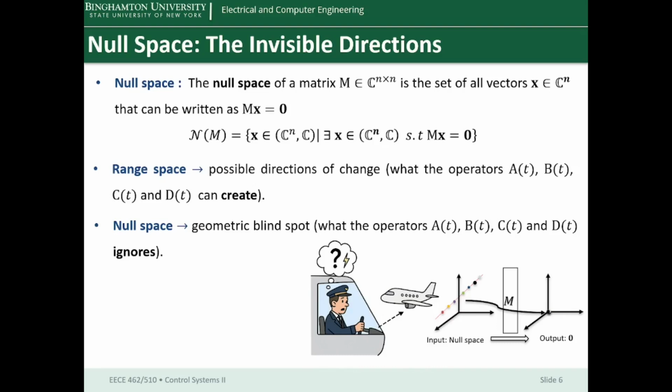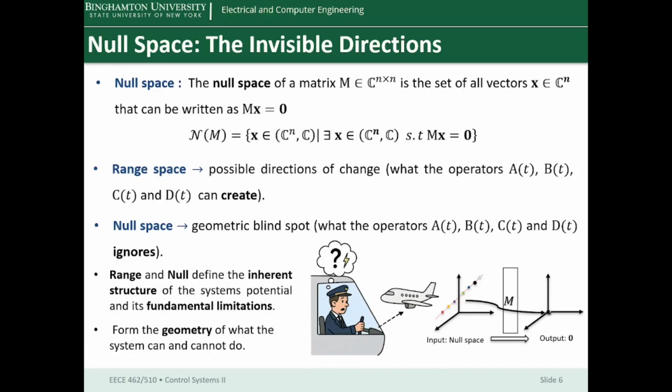It's the opposite of the range space, which defines the directions that can generate change. Together, these two spaces, range and null space, define the inherent structure of the system's potential and its fundamental limitation. They form the geometry of what the system can and cannot do.